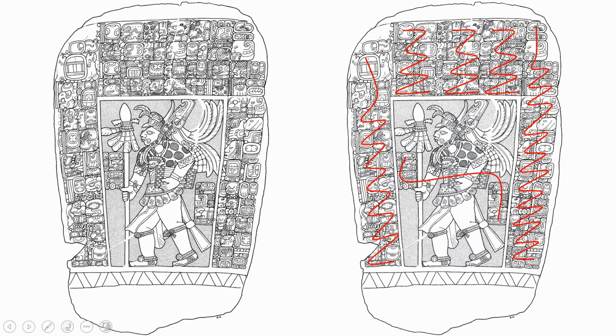And now let's have a look at the reading order here. It starts here with a long calendar date. We have to go here with a double column. It starts with a huge glyph here. And this is another indicator of where the beginning of an inscription is. It starts with that huge glyph that we call the introductory glyph, which is the introduction for a longer calendar information, which follows here.